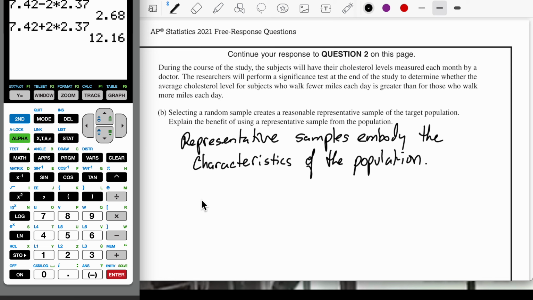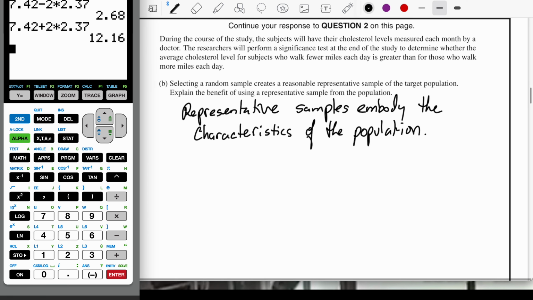And what does that mean? It means the distribution of the sample should be the same. Ideally, it would be the same as the distribution of the population, but we'll take similar. How do I say similar? I say close to the same, or not significantly different.